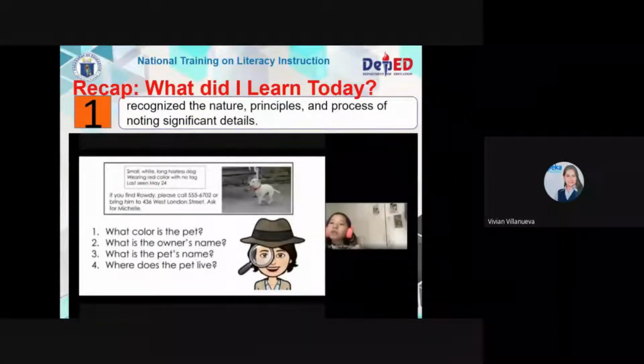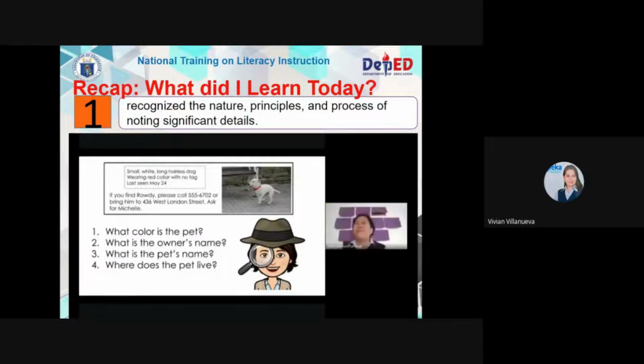Small white long hairless dog wearing red collar with no tag last seen May 24. If you find Roddy, please call 555-6702 or bring him to 436 West London Street. Ask for Michelle.